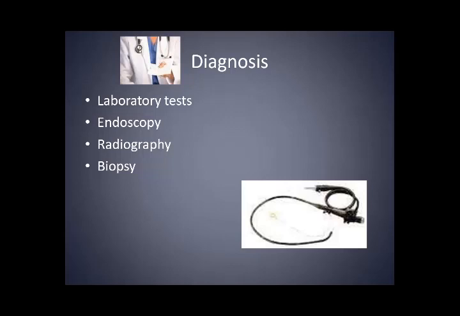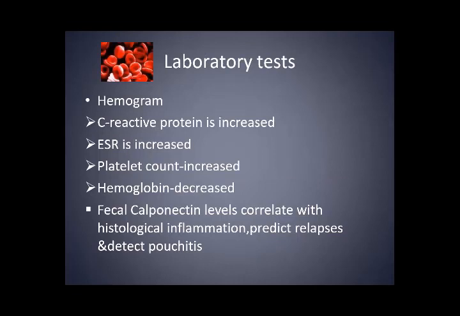Biopsy is very, very important to distinguish ulcerative colitis from Crohn's disease, depending on the thickness of inflammation: it is transmural in Crohn's disease and only up to the muscularis mucosa in ulcerative colitis. For laboratory tests, we will ask for CBC to look for hemoglobin, and CRP and ESR will be raised.